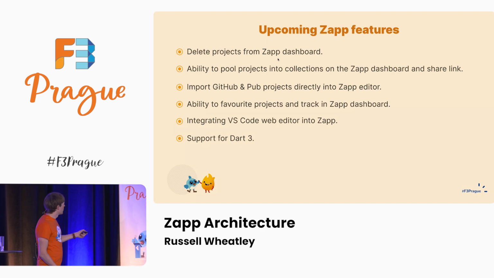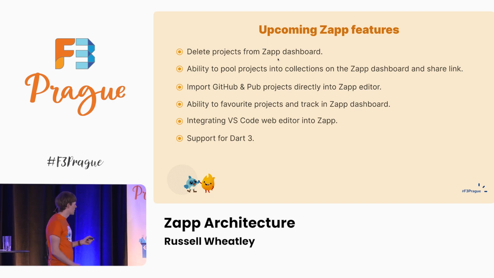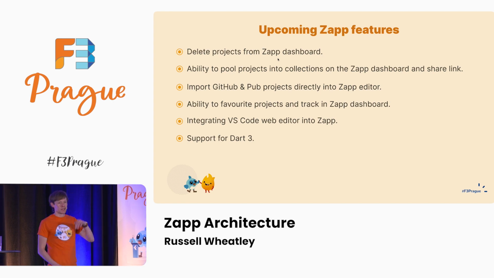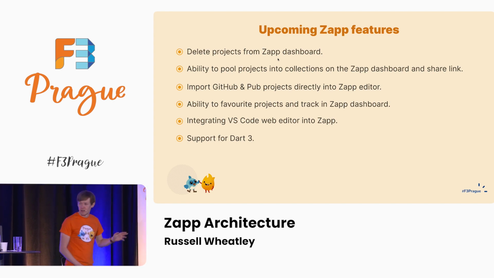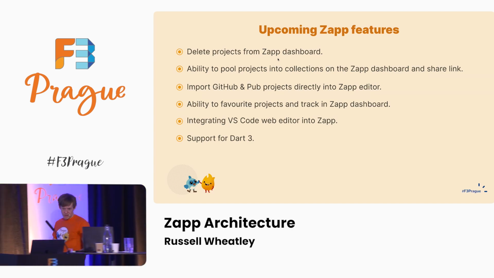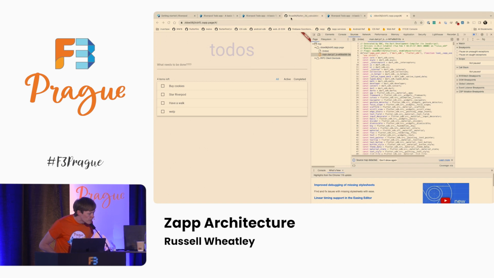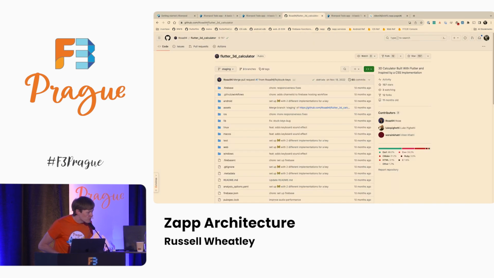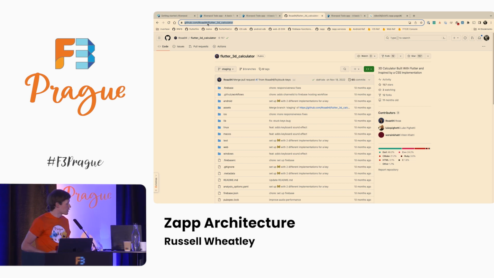So we also would like you to have the ability to favorite projects, which is a fairly easy thing to implement. And the one thing I wanted to show you is this one. I'm not sure people are actually aware of this feature, but we actually have it at the moment, but you have to manually type it into the address bar of your browser. I can just show you a small demonstration of how that works. So we'll go to this. This is a Flutter 3D calculator, and it's basically the source code for a Flutter application.